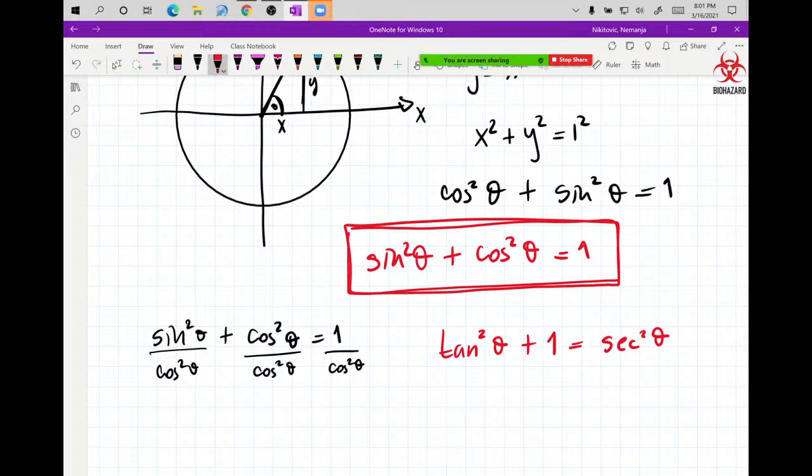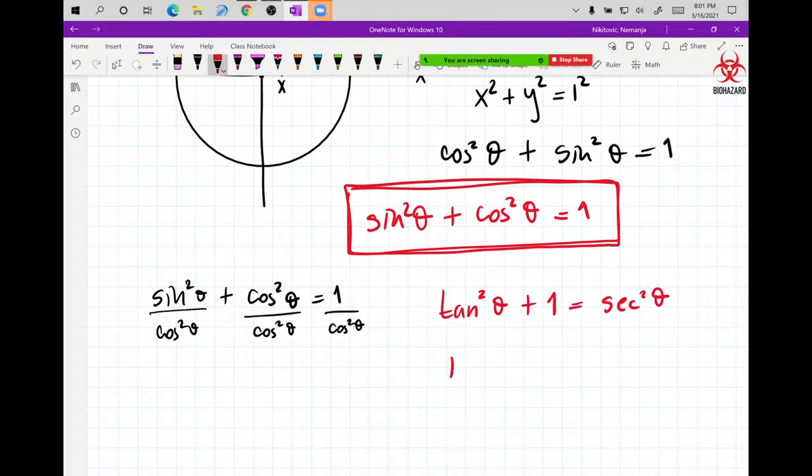So I get a Pythagorean identity which connects tangent to secant. And if you divide by sine squared, you immediately see what happens: 1 plus cotangent squared theta is equal to cosecant squared theta. So these are the Pythagorean identities for trig, and we technically get them by replacing x with cosine theta and y with sine theta. It's pretty cool.